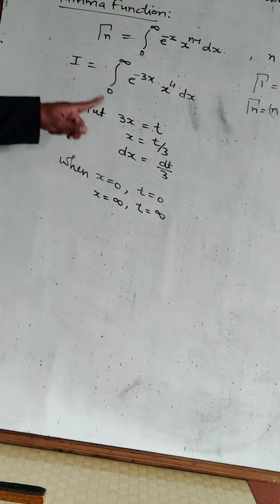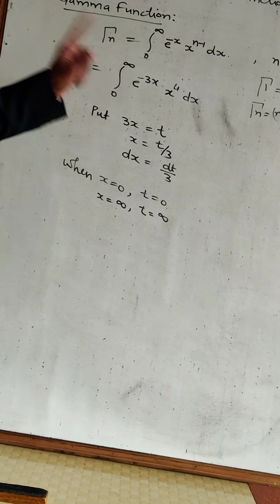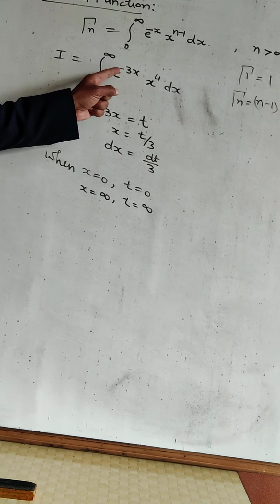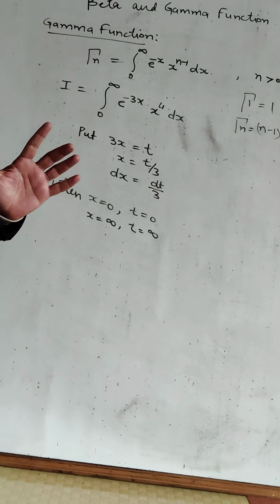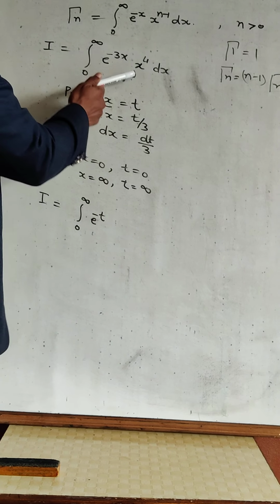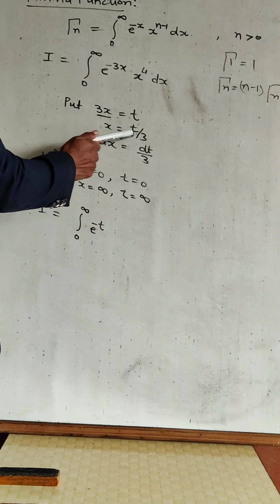So we must always keep our eye on the power of the exponential function. From there we will find what substitution is required in a particular type of integral. So our integral would become 0 to infinity e raised to the power minus t. Then we will put the value of x. x is t by 3.